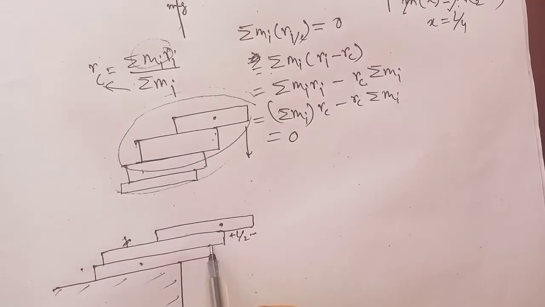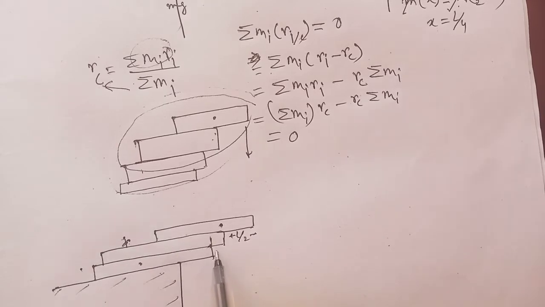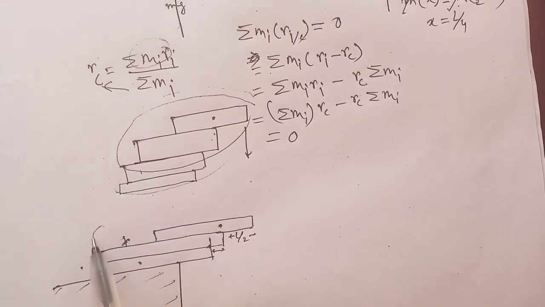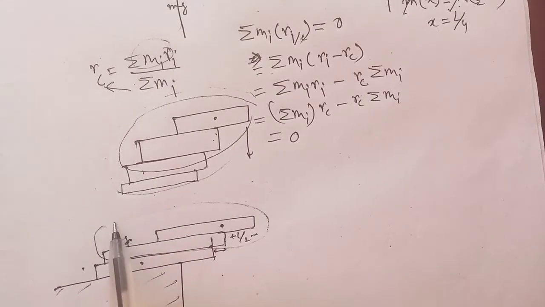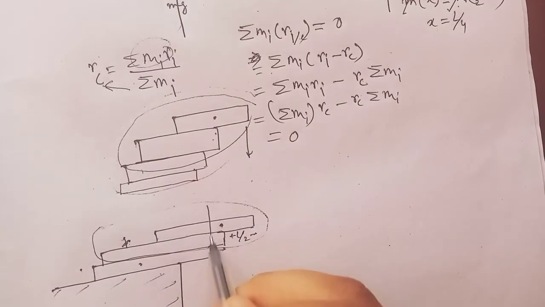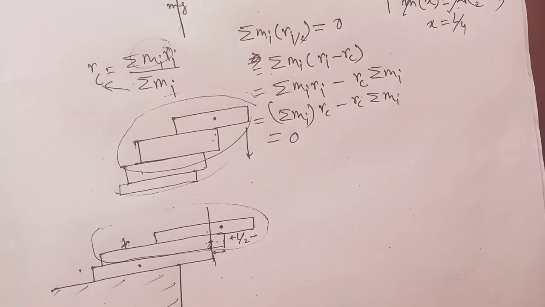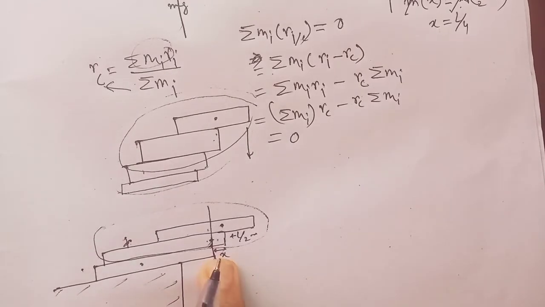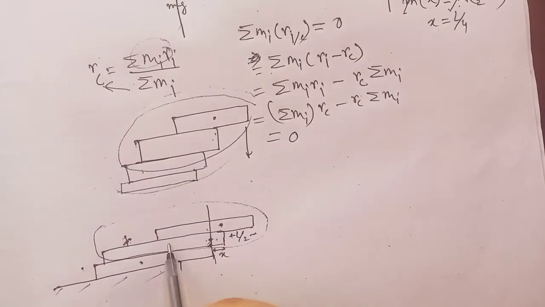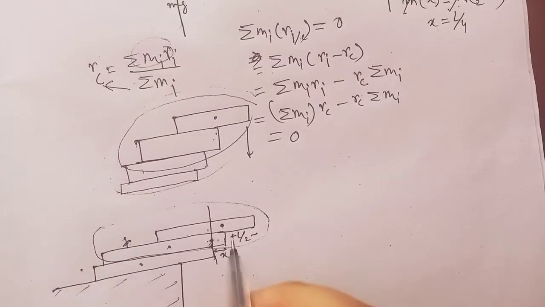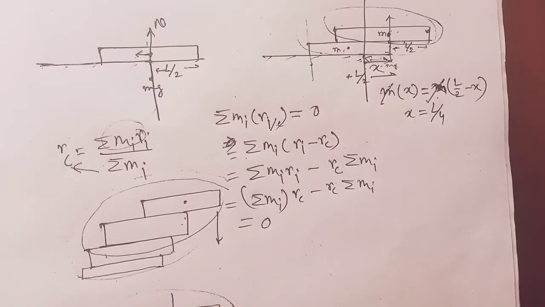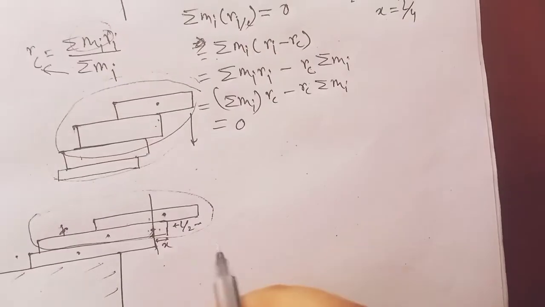Now I want to know what will be this distance. I know that these two blocks will not topple, so their center of mass will lie along this line. If I want to find this distance, I am naming it x, and the center of mass is here somewhere. Using the law of mass moments, the sum of mass moments is 0.